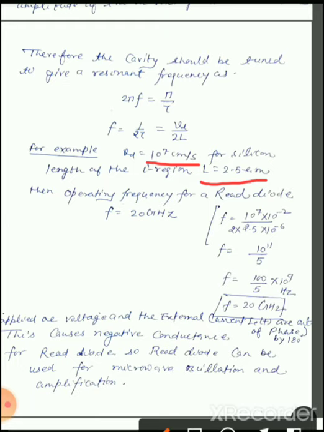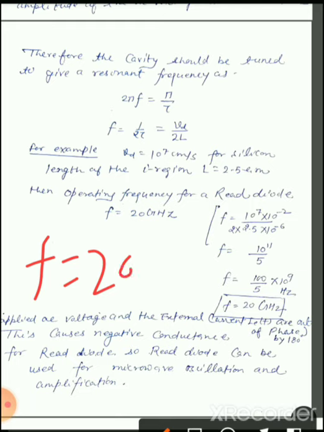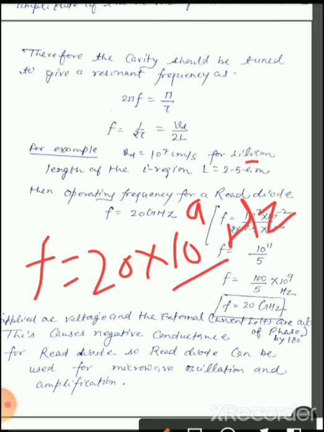We go with the formula Vd/2L. Putting in the values, Vd = 10^5 meter per second and L = 2.5 x 10^-6 meter, solving this equation we get f = 20 x 10^9 hertz, which is 20 gigahertz.